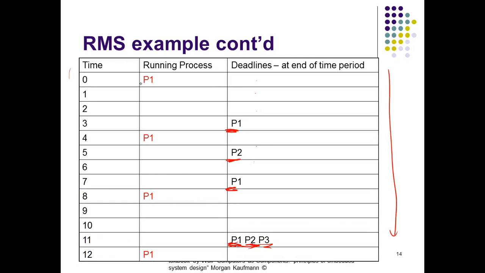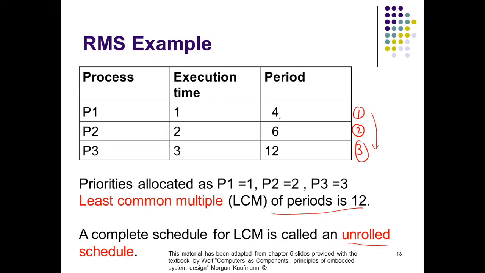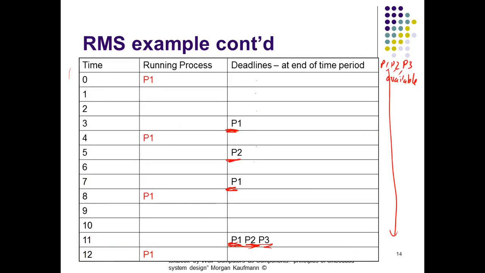So at time 0, I assume that P1, P2, and P3 are available. If they're all available, which one do I pick? I pick P1. Okay, how long does it take to run P1? It takes 1 time period, so I'm just going to run it for 1 unit at a time. What do I do now?